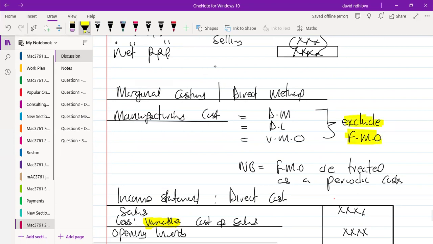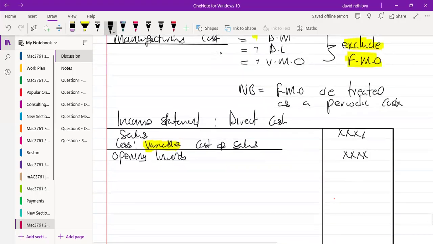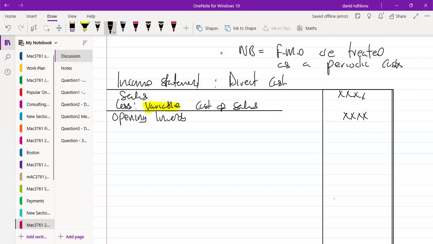So therefore, the value of your inventory will only take into account the direct material, the direct labor, and the variable manufacturing cost. So there will be a difference in the figure that you calculate. Based on variable costing, your opening inventory value will be smaller than the absorption method because in the absorption method, you included a fixed cost there.